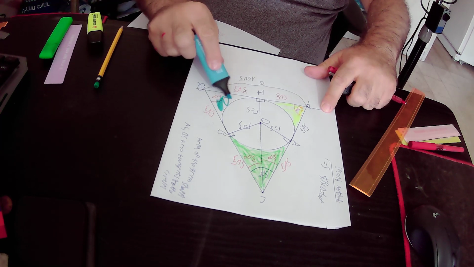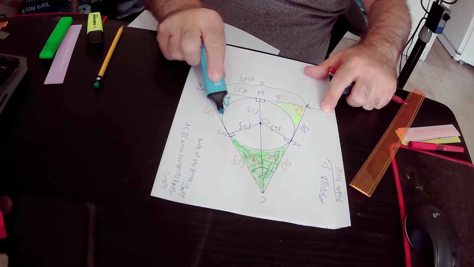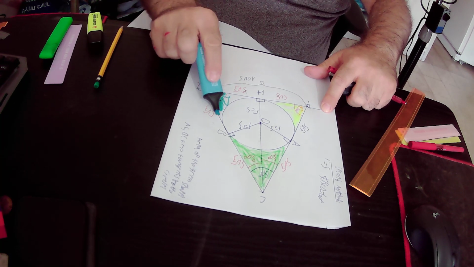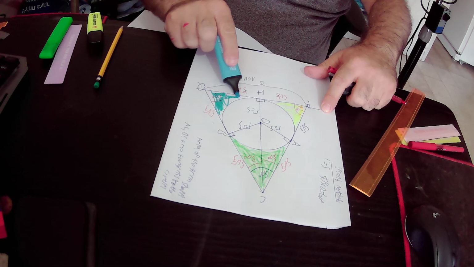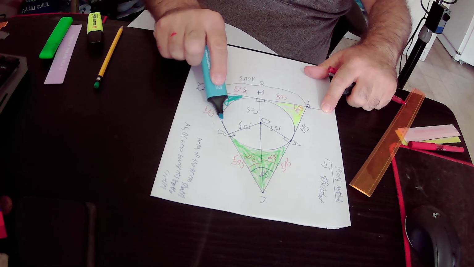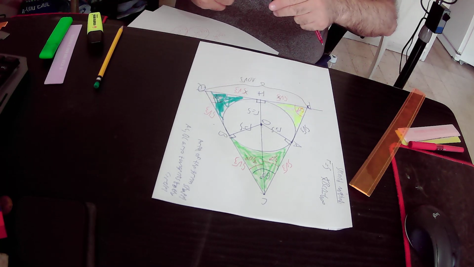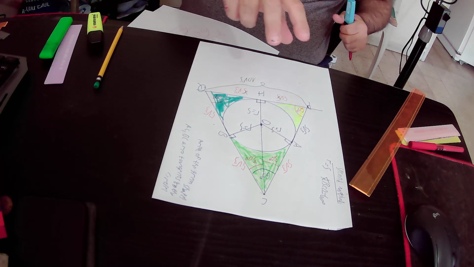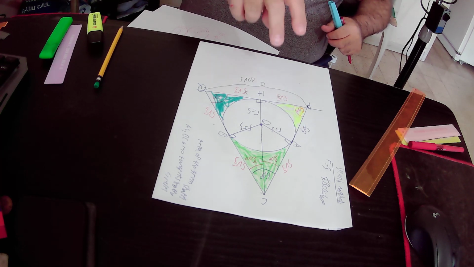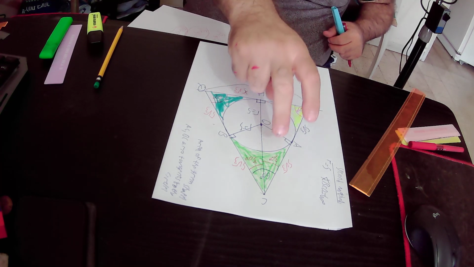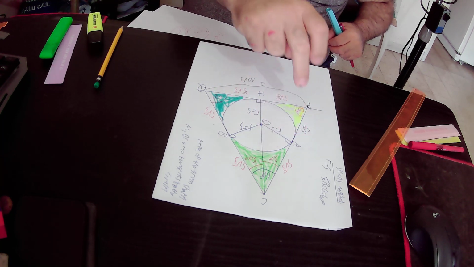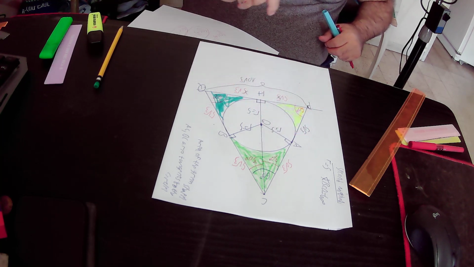Again, the area of triangle PCQ minus the area of the circle will give us the area of the green shape plus the area of the yellow shape plus the area of the blue shape.